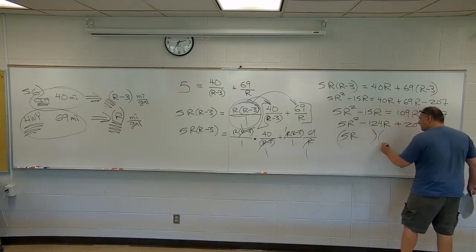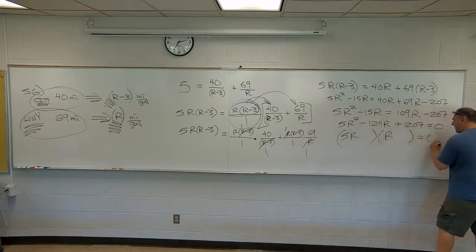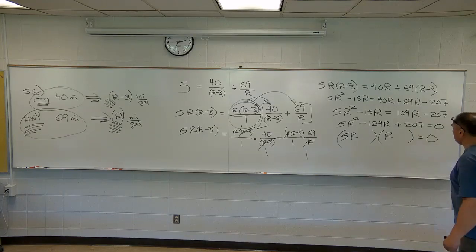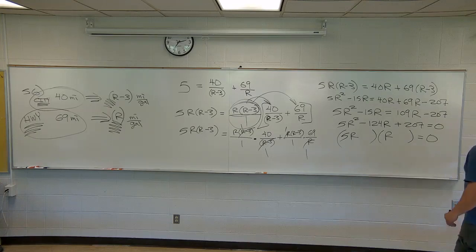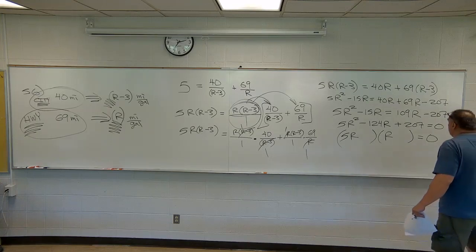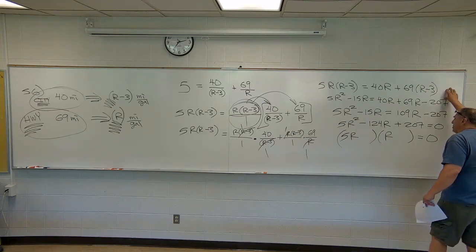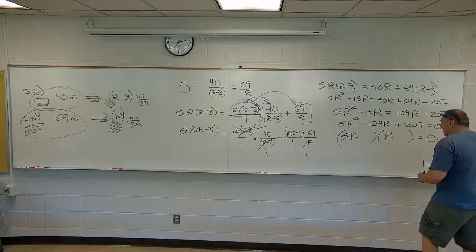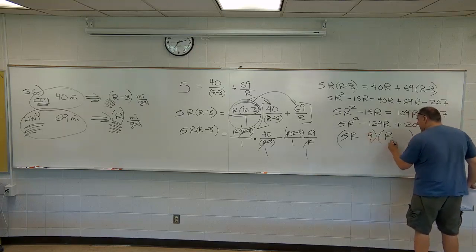Here's 5R. Here's R. Here's 0. 3 times 69, right? The 207, 9 times 23. So I'm thinking, I'm going to put a 9 right here and a 23 right here.